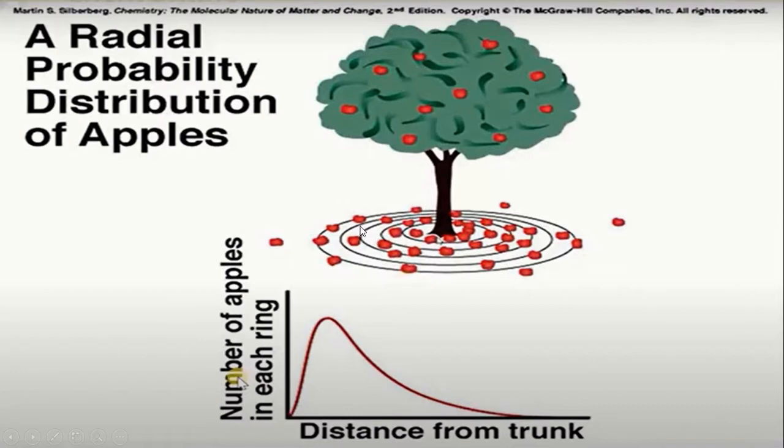So if this is the shell, and there are some apples you can see in this shell, RDF is the probability of finding the apples in this spherical shell that is at a distance r, let us say this distance from the trunk of the apple tree, or our central reference atom.